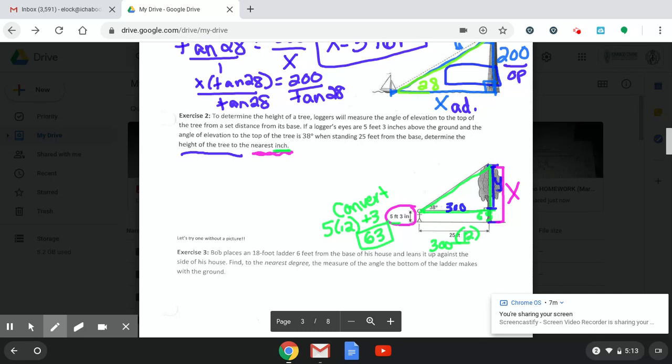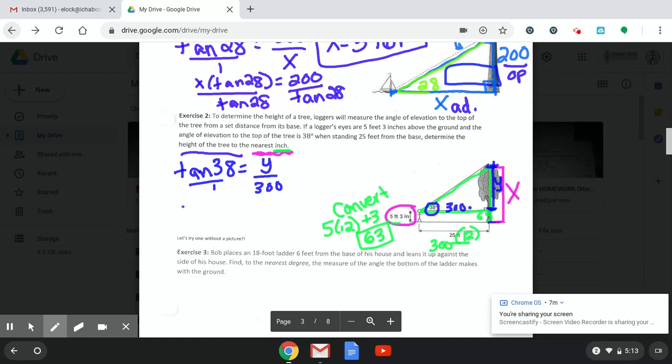So if I'm looking at the opposite side being this portion of the height of the tree from here to here as Y, we have a trig function from our angle. We have the opposite side and the adjacent side again. So we're going to have tangent of 38 degrees equals the opposite, and I'm going to use my Y, over 300.